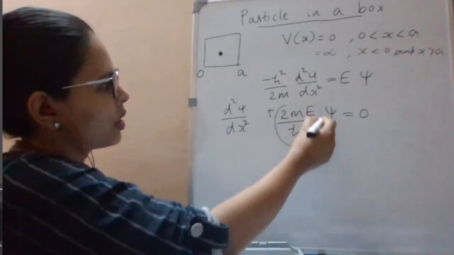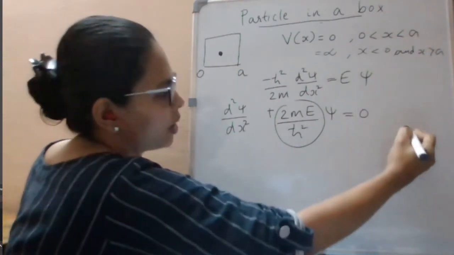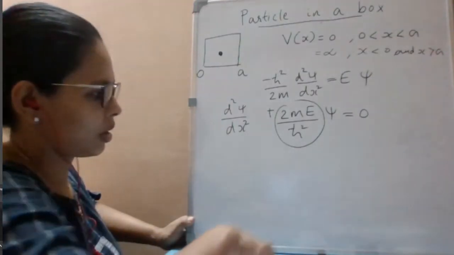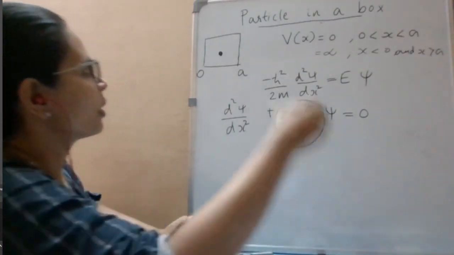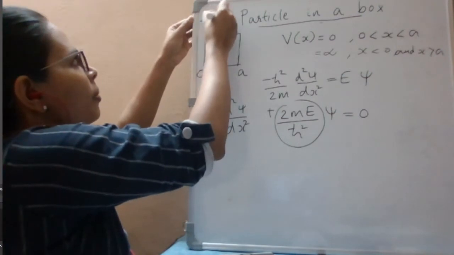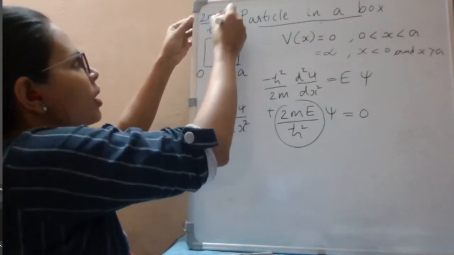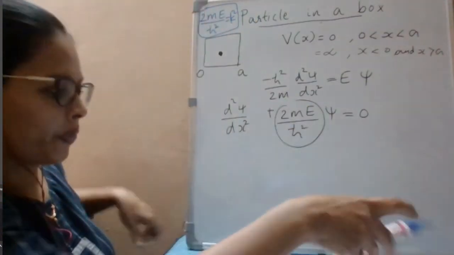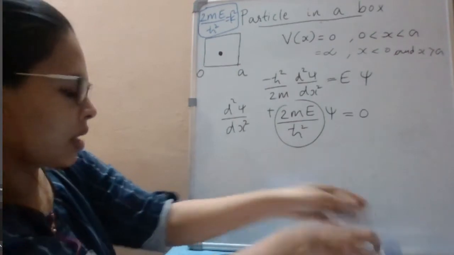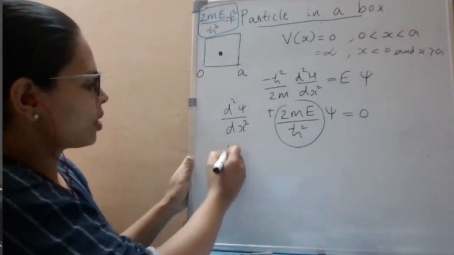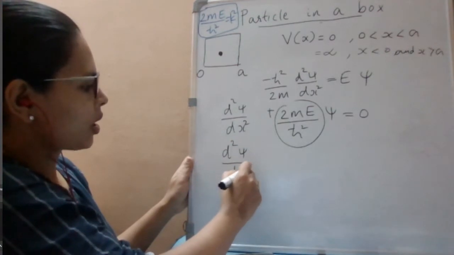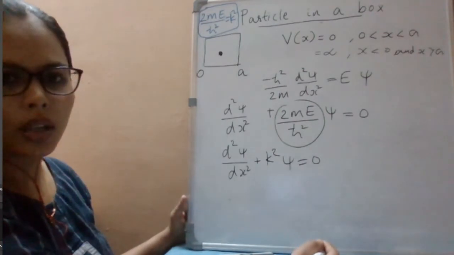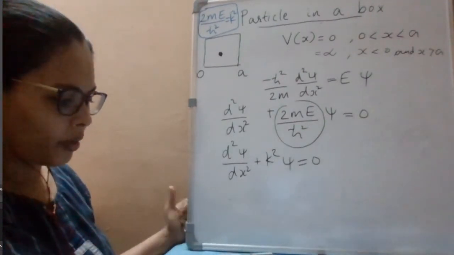I'll write 2mE by h cut square is equal to k square. So I can write it as k square instead of this one. So d square psi by dx square plus k square psi is equal to 0. So this is our Schrodinger equation of our standard form.